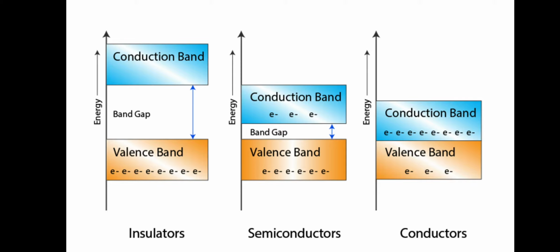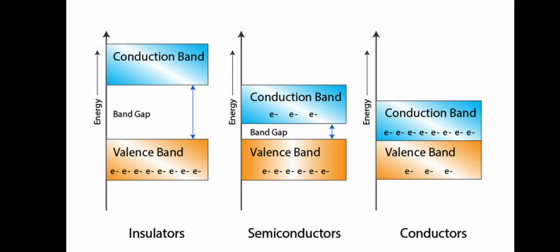Now with this valence band and conduction band, we can divide solids into insulators, semiconductors and conductors. For example, in an insulator, the band gap is too large. So even if we pass an electric current, because the band gap is very large, the electron cannot be transferred easily to the conduction band, and hence they act as insulators.